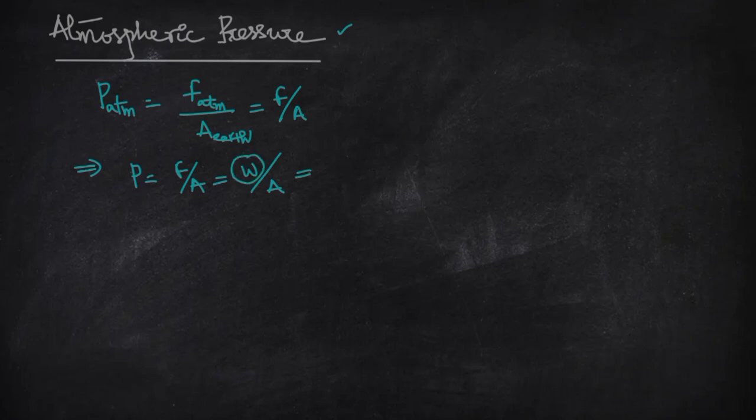This weight can be replaced with mass of atmosphere into acceleration due to gravity by surface area of earth. We can replace mass with density into volume, as density is equal to mass by volume.